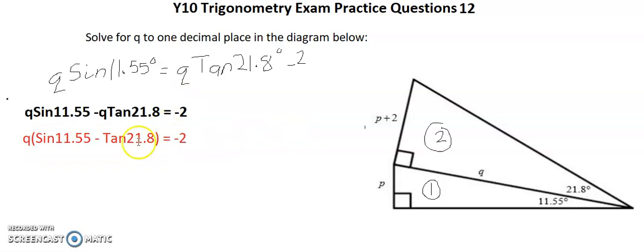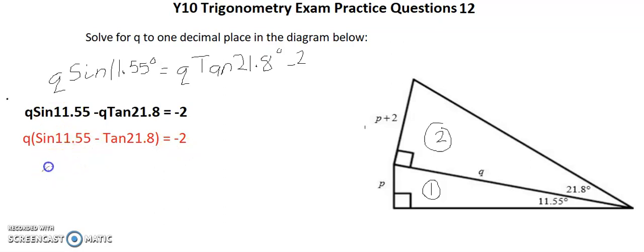So the next step is now I've got Q out in the front. If I divide by sine 11.55, take away tan 21.8, I will get Q by itself.